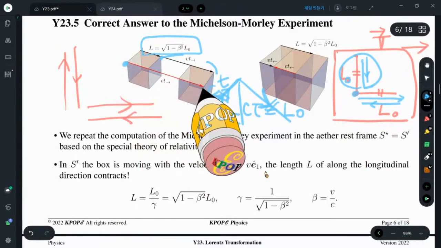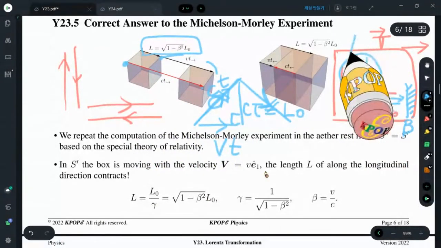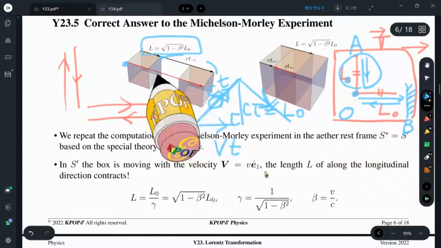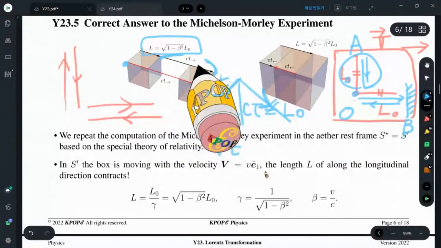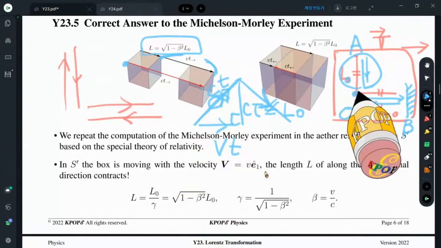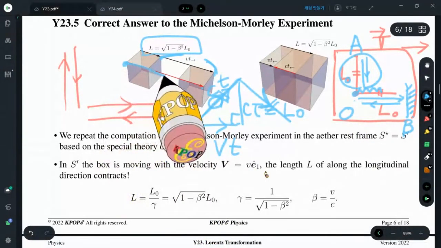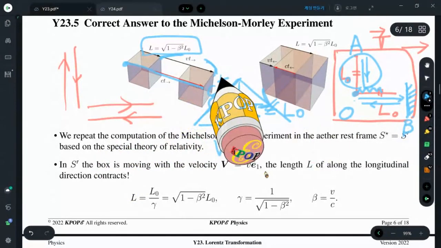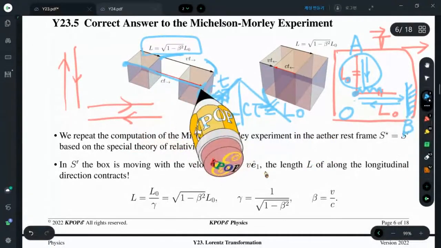So when the light reaches the mirror on the right hand side, this point B, this mirror has flown by v times the time forward. The light travels with the speed of light, so this length is longer than what the mirror has flown. And this light catches up with the mirror and they meet.